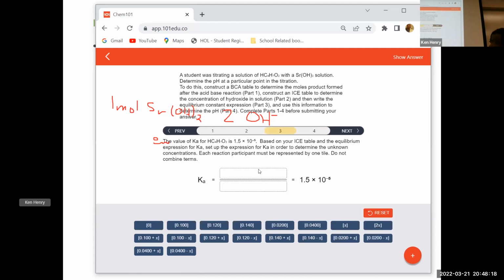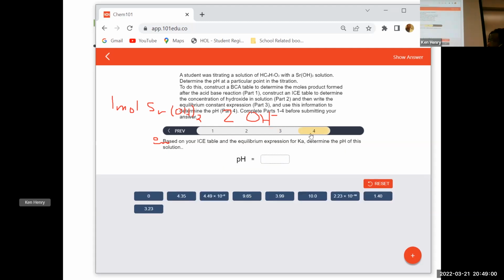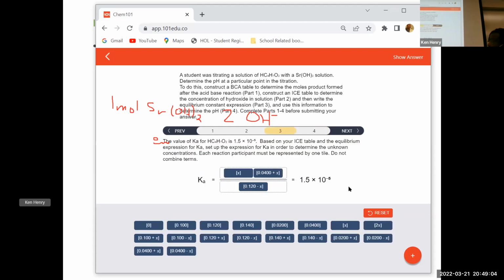So our equation is going to be, okay. Oh, sorry, 0.04. Okay. So we need to solve for X.